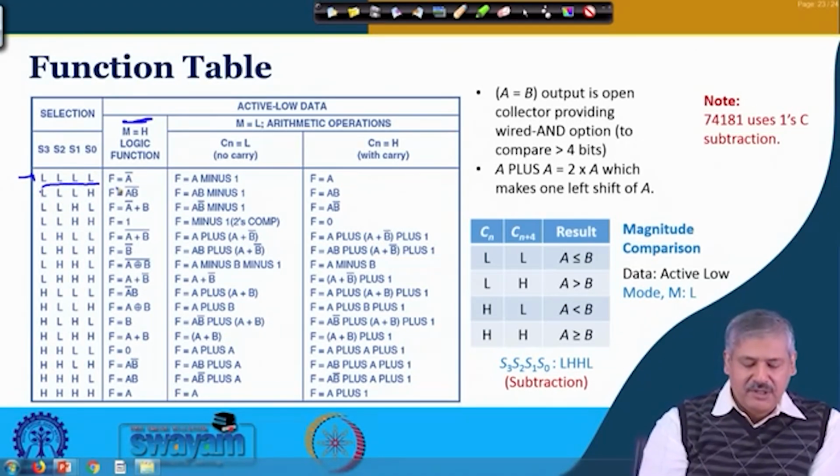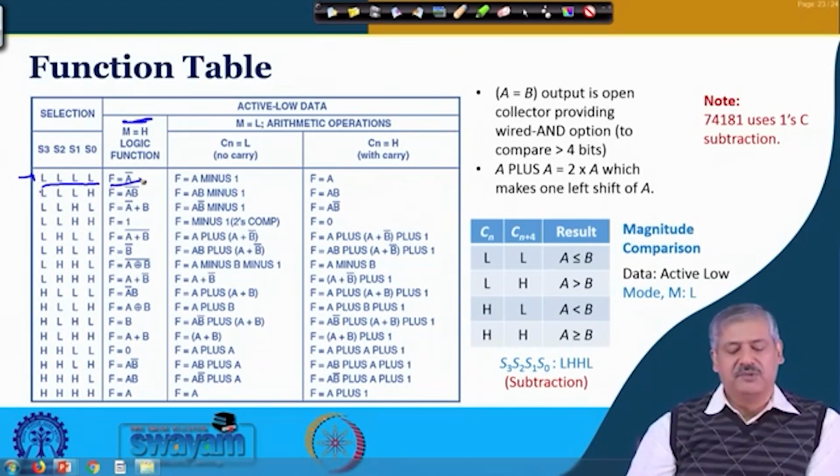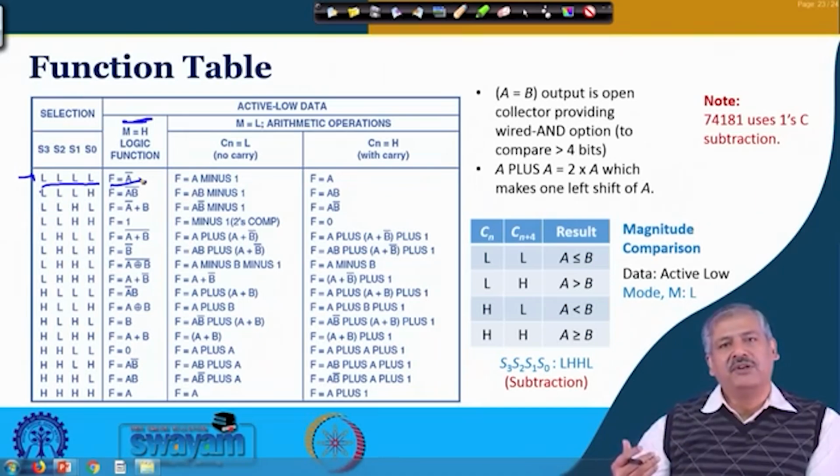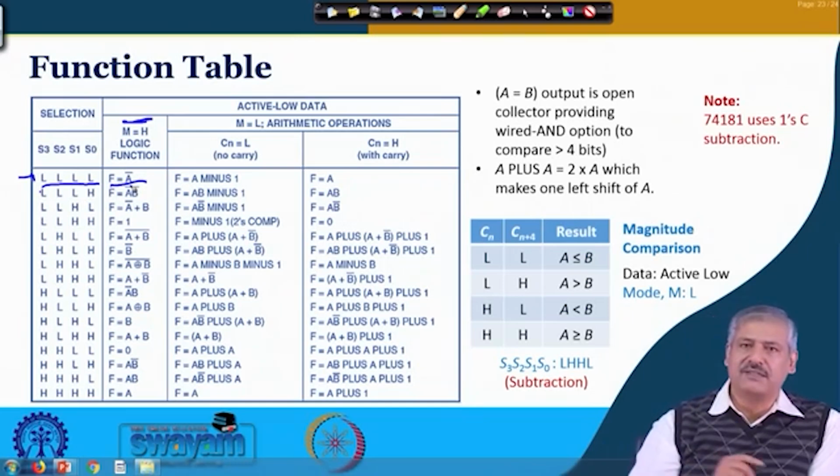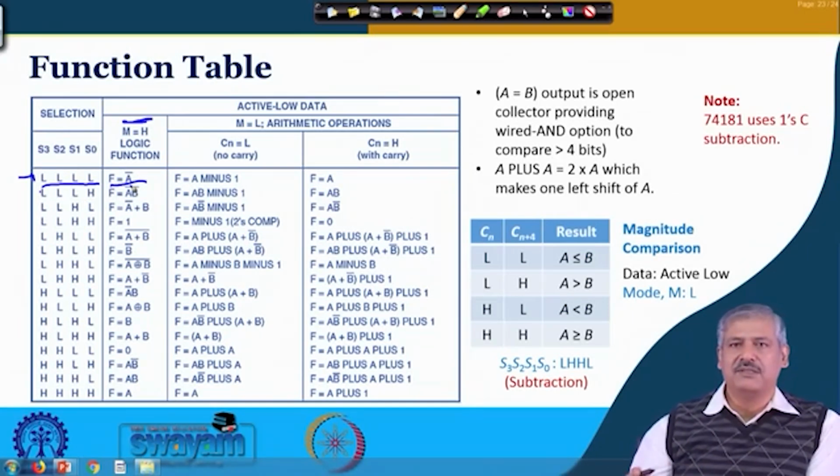At that time the function outputs F3 to F0 will be the complement of A3, A2, A1 and A0. That is what you will get. That is the way the circuit is developed. We shall look at one example also after a few slides.